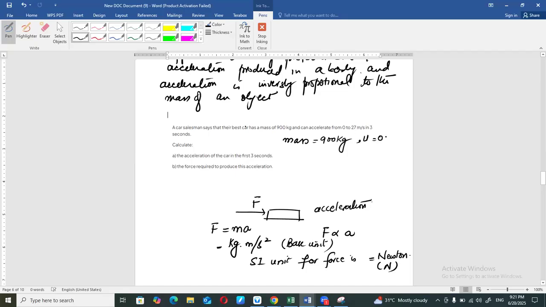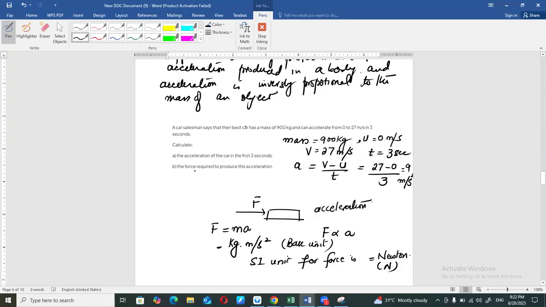Initial velocity is 0 meters per second, final velocity is 27 meters per second, in time t equal to 3 seconds. Now they are saying find the acceleration for the 3 seconds. We know that acceleration is equal to final minus initial velocity divided by time. So it will be 27 minus 0 divided by 3. The value comes to 9 meters per second square.